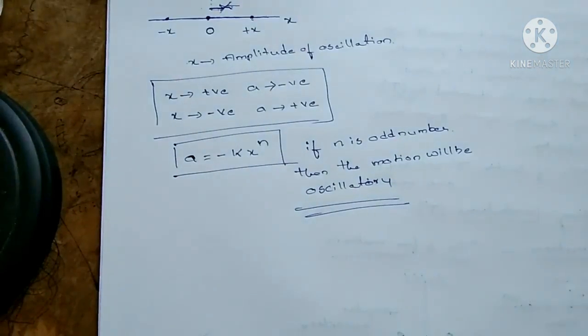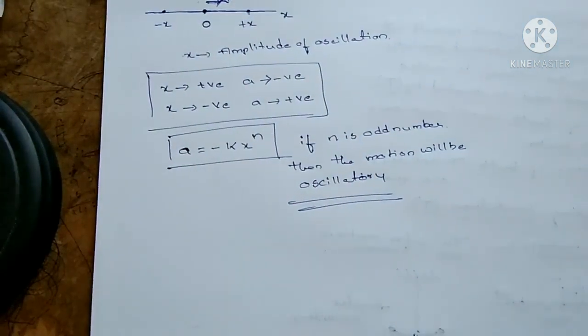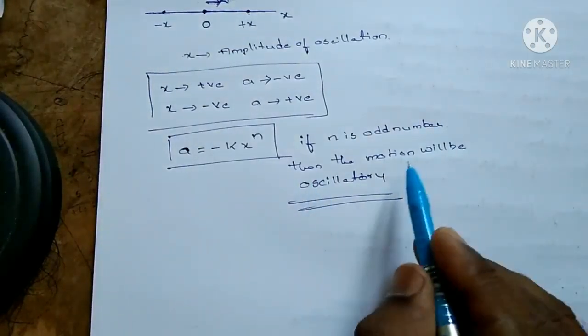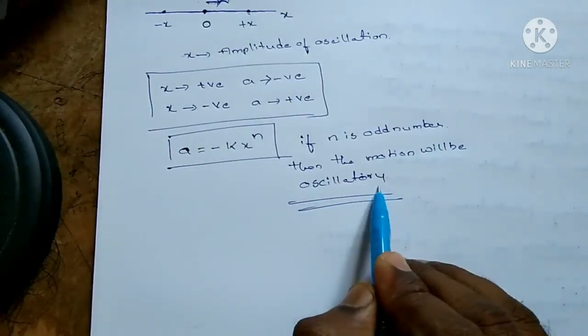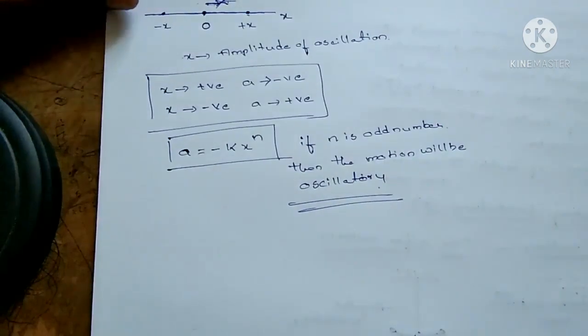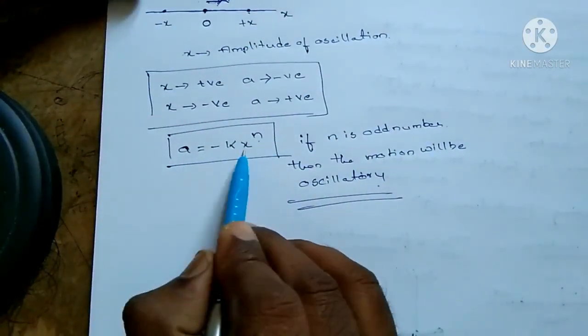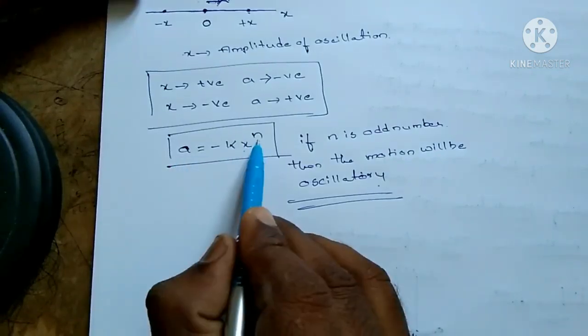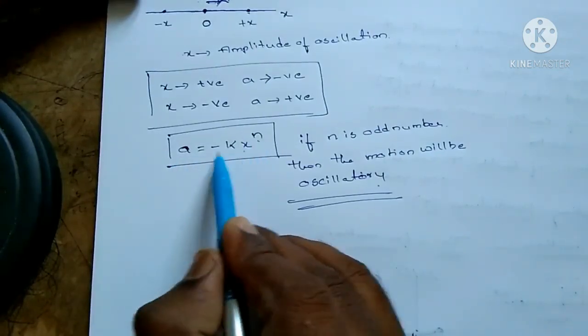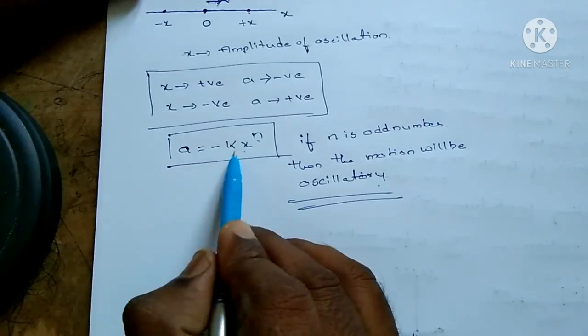a is equal to minus k x to the power of n, and if n is odd then the motion will be oscillatory. Why will it be oscillatory? If n is odd, consider n is equal to 1, a and x are opposite. Consider n is equal to 3, again we get a and x opposite.